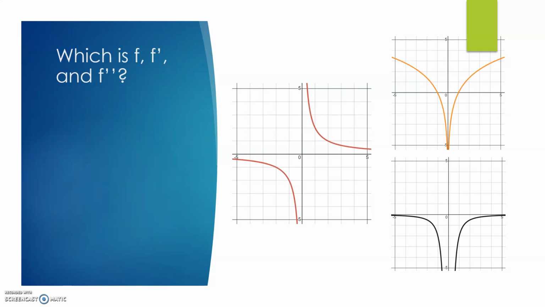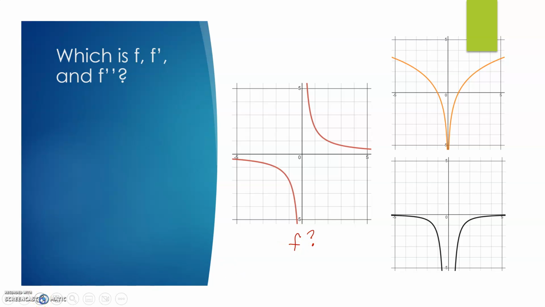The other skill that you're going to be honing in this section is identifying whether you have a graph of f prime or f double prime, which is which. Some strategies I use: I might look at concavity. I might pick one and say, what if this is a graph of f?